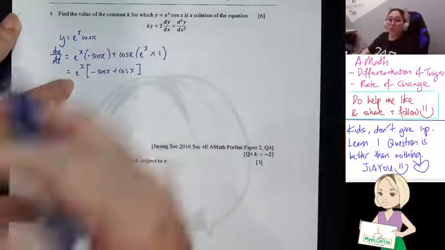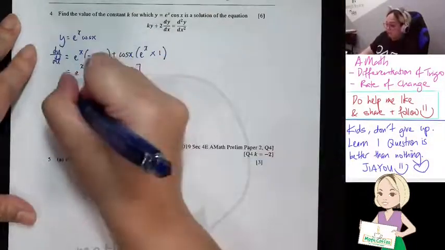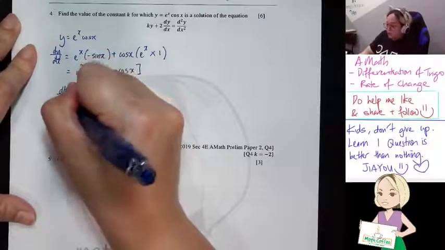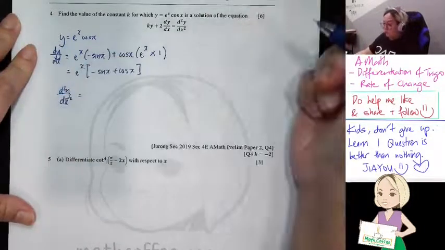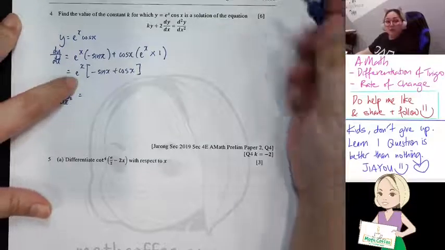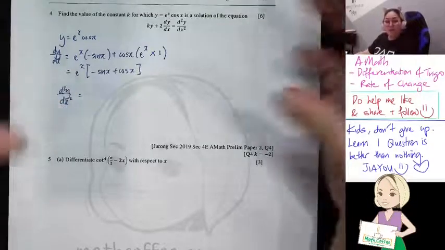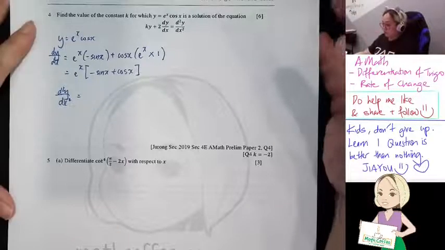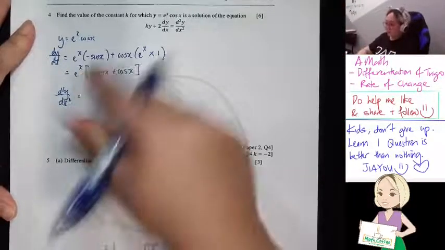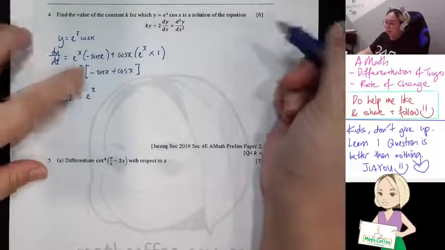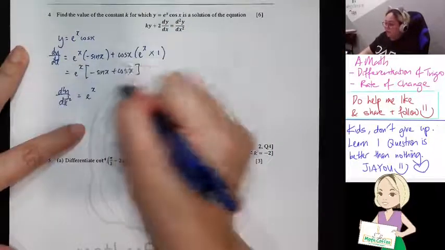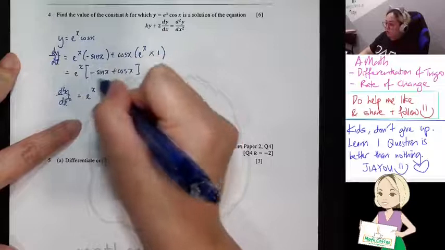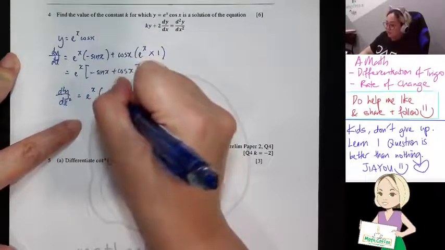Then let's continue to do my d squared y over dx squared. So d squared y over dx squared will be equal to, this is again e^x multiplied by an expression in x, so you will use the product rule. Keep left, e to the power of x, and differentiate the right hand side. Differentiating minus sine x gives minus cosine x.